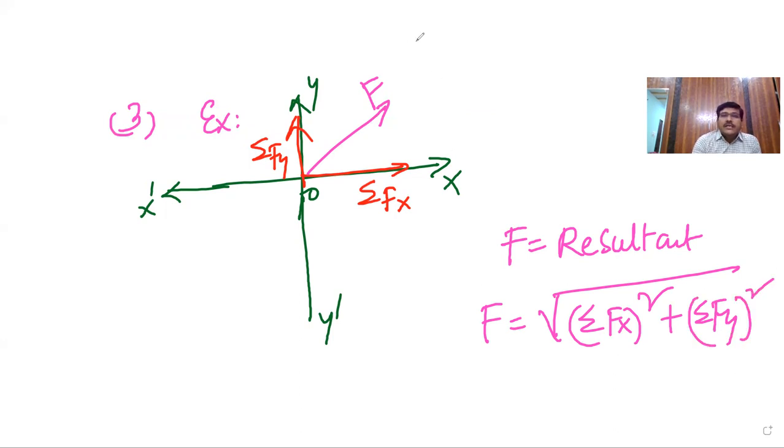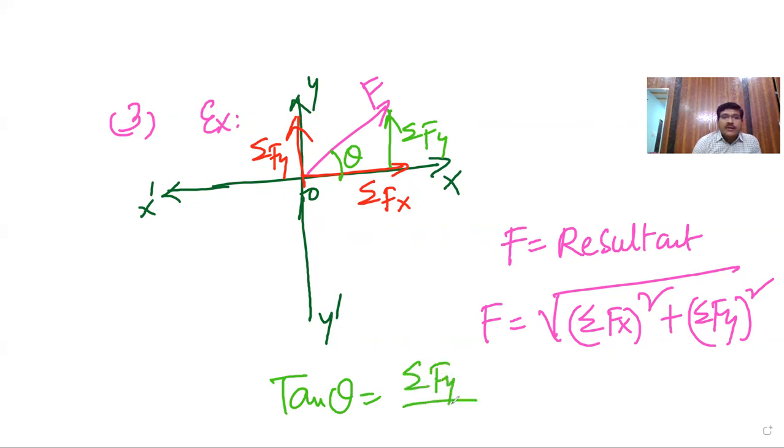And be careful about its direction. Suppose this F is making theta with the x-axis. Then simply draw a parallel line here and construct a right angle triangle, with sigma Fy parallel to the y-axis. Then in this right angle triangle, tan theta is opposite side by adjacent side, sigma Fy by sigma Fx.